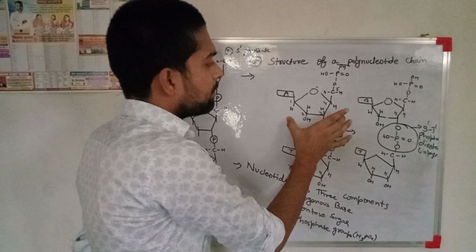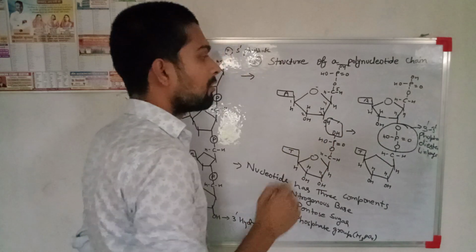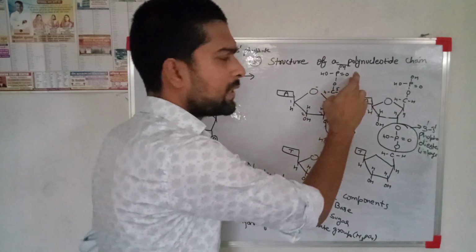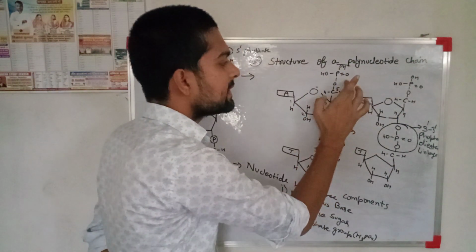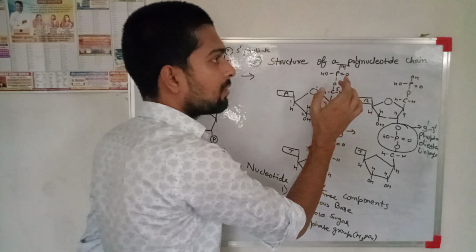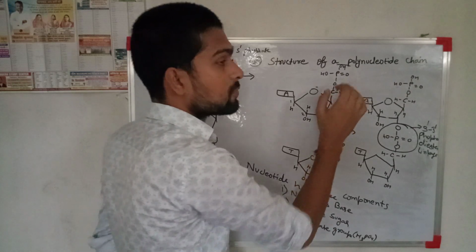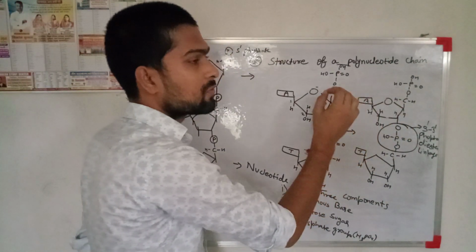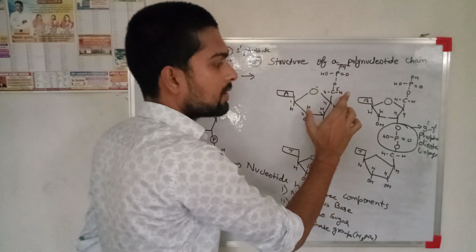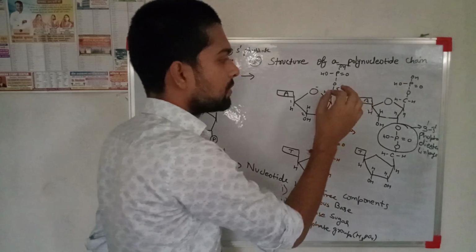And the phosphate group is linked with the hydroxyl group of the fifth carbon of the pentose sugar, and this linkage is called a phosphoester linkage. So this is how the phosphate group is linked with the fifth carbon hydroxyl group of pentose sugar.